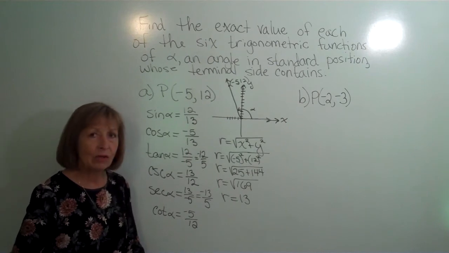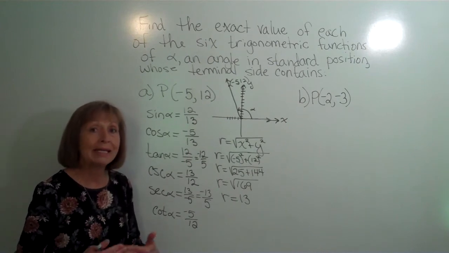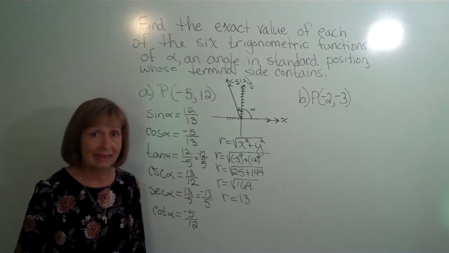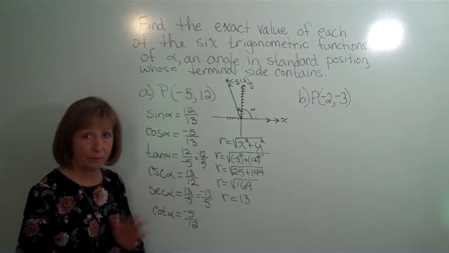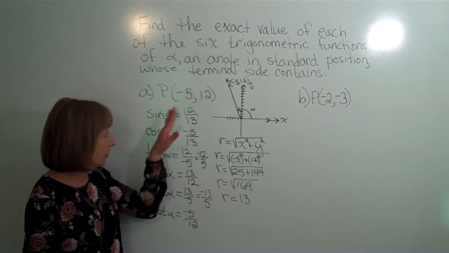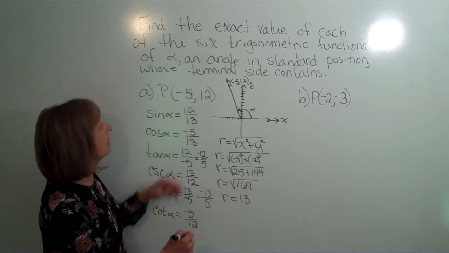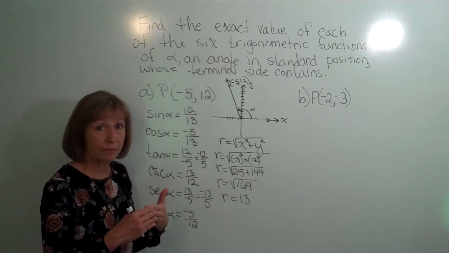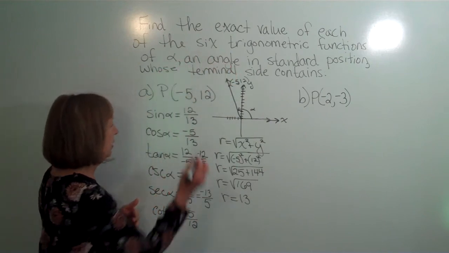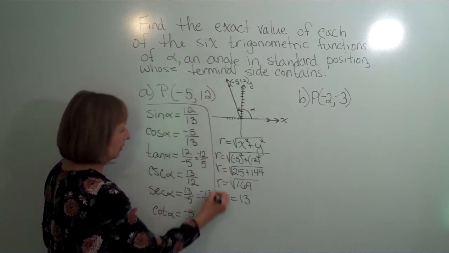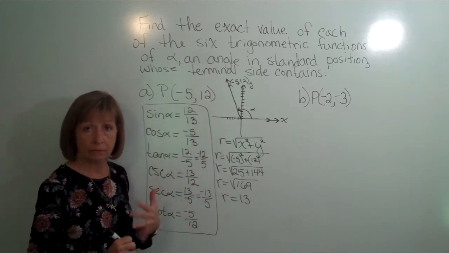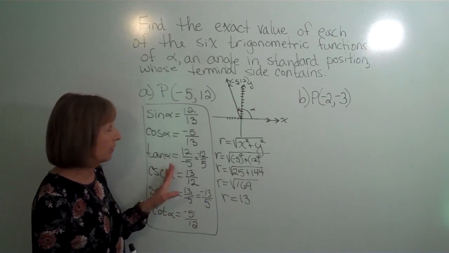So I have to go along with the idea of, well, how would I get to that quadrant and which of the coordinates would have to be negative to get there, to do those sorts of problems in the future correctly. Okay, so that's our first example. And we wanted the 6 trigonometric functions of alpha, so the 6 trigonometric ratios of alpha. So right here, that is your answer to that question.